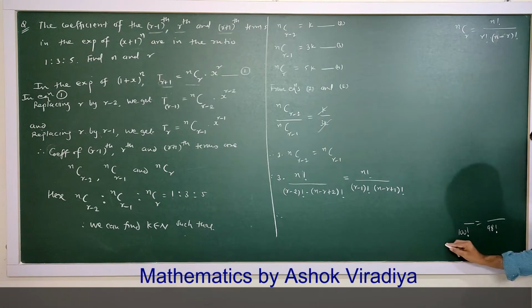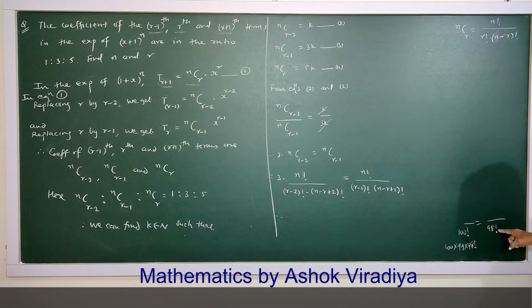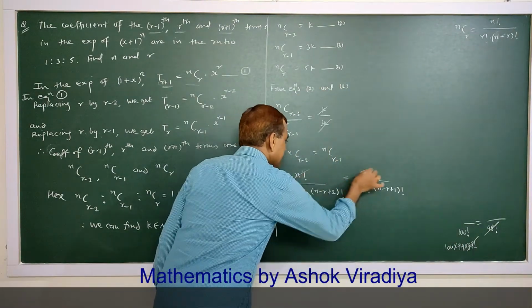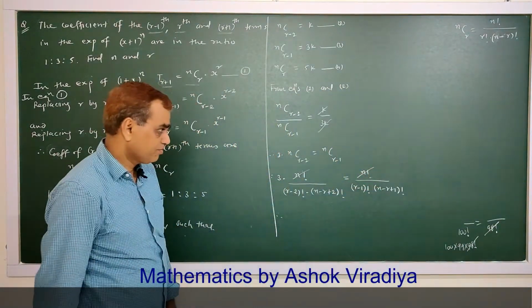So 100 factorial we express as 100 into 99 into 98 factorial, leaving the number with the factorial symbol after getting the lower factorial which is on the other side. So this can be cancelled. Same procedure we perform here. Here this is already the same, so we are cancelling this number.